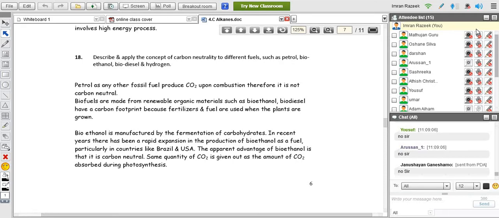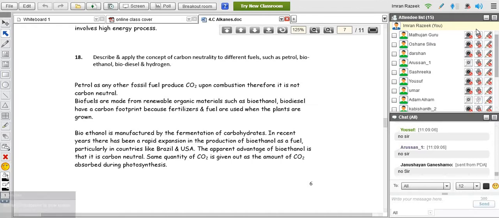So what happens is that they manufacture ethanol out of sugarcane, through a fermentation process, and then you add the ethanol to gasoline. Gasoline is petrol. So when you add ethanol to gasoline, you get a new fuel which is known as gasol, right?